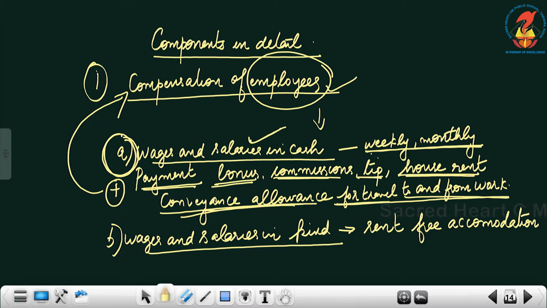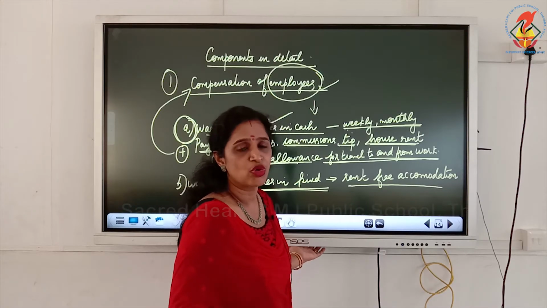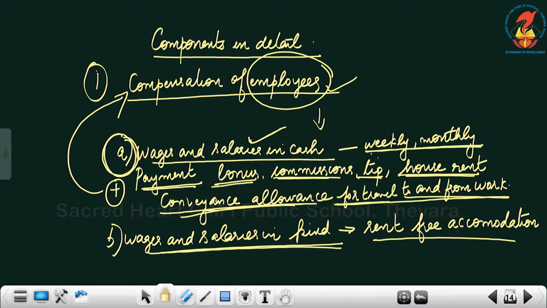Now, let us see what comes under wages and salaries in kind. It consists of rent-free accommodation. We just need to stay at home; the company will provide the rent.